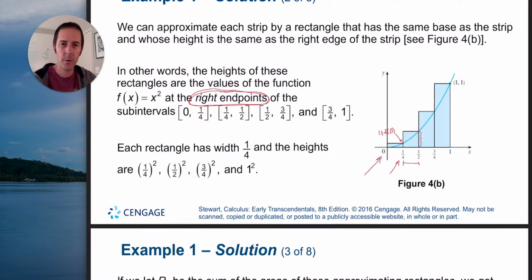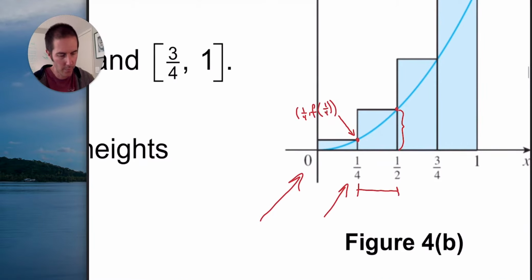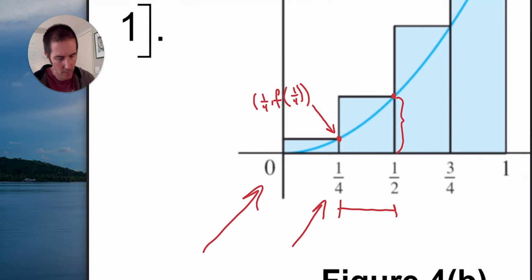So if you're using the x coordinate that's on the right-hand side of a rectangle in order to determine that rectangle's height, then you're using right endpoints. Not only did we use 1/4 as the right endpoint, since it was the right endpoint of that rectangle, I then drew the top of the rectangle to the left, came back down, and then there's the rectangle for which we're going to find the area.